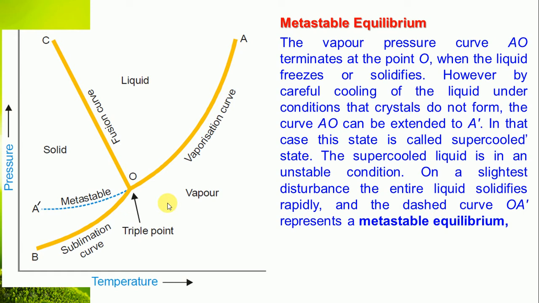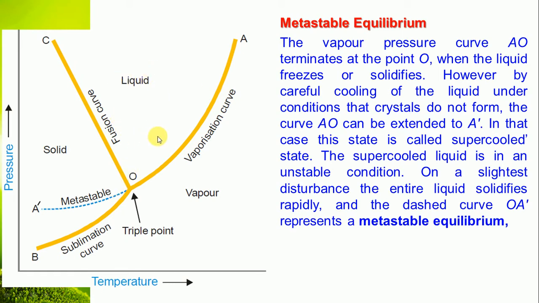What does it mean? It means that generally AO is the curve that will terminate at the point O. After termination, if we come in this area, it is dedicated for solid ice, and you will find solid ice in this area. But if we cool the liquid water very carefully, then the water will not solidify.